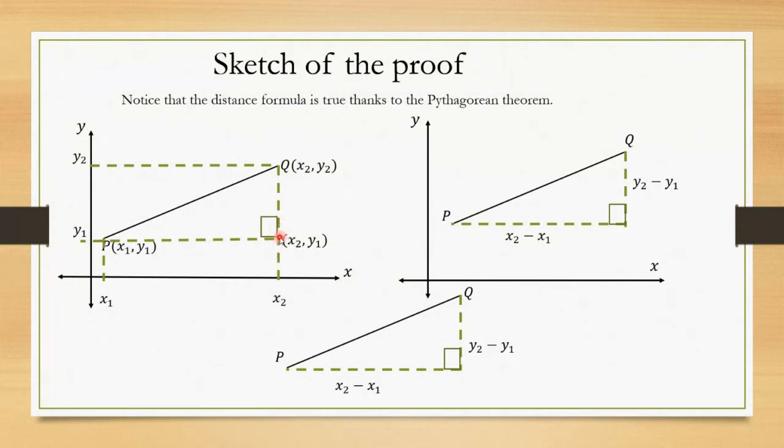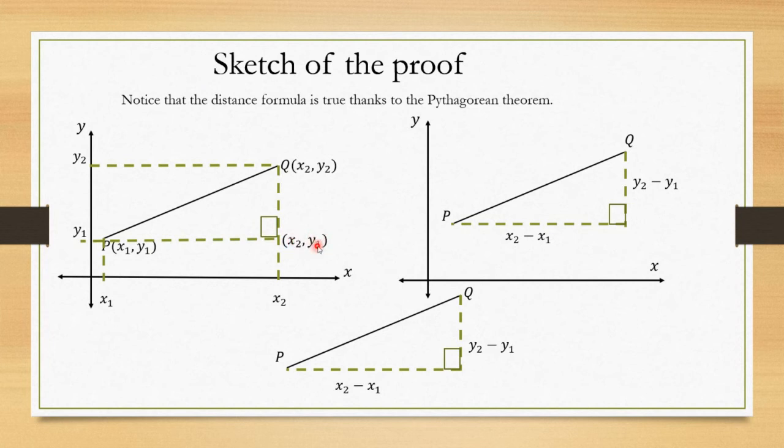So this point has x coordinate x sub 2. It's directly under Q. It also is on the same horizontal dashed line as P, so its y coordinate has to be y sub 1. Hopefully from the picture you can see that as well. So this point has these coordinates.